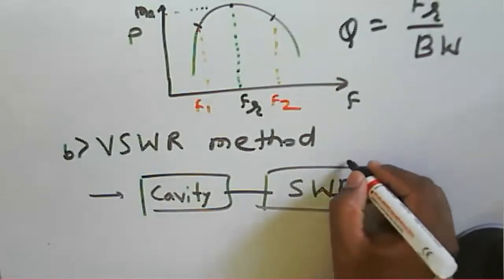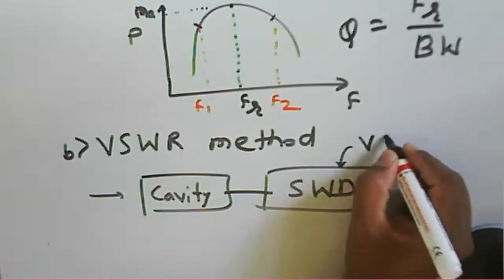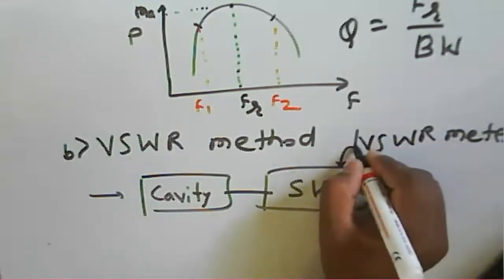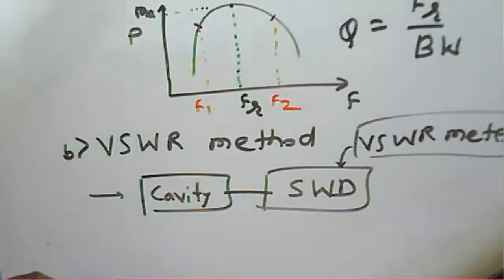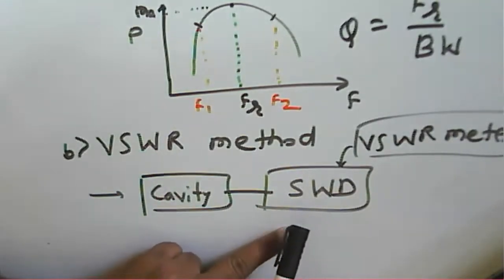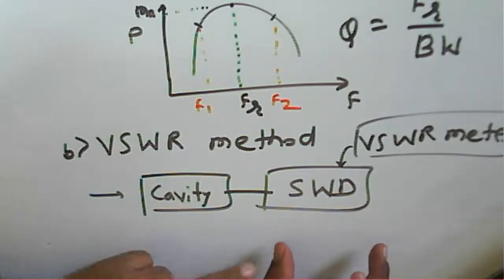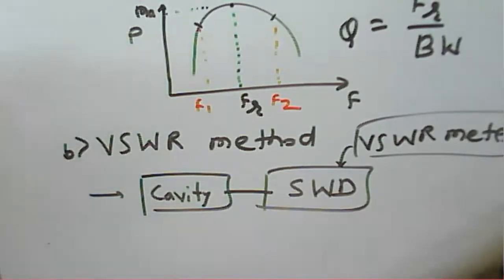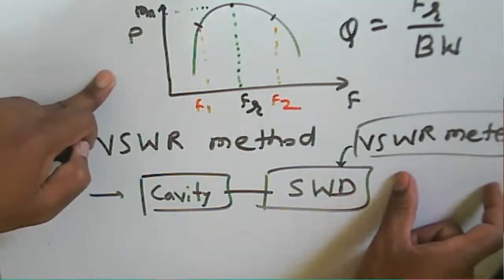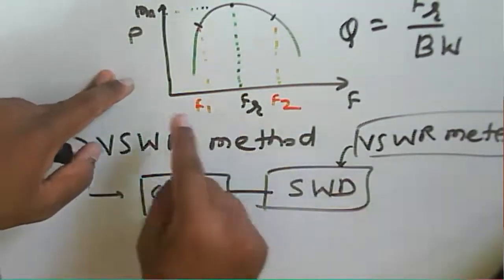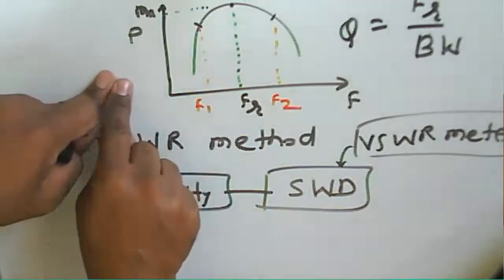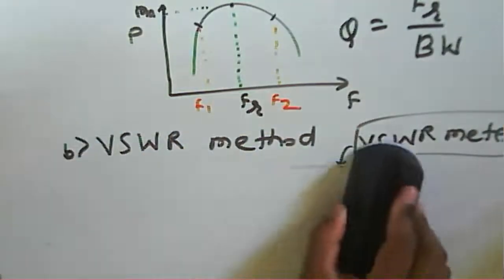Then this standing wave detector is given to the VSWR meter, and we need to measure the VSWR with respect to frequency. We need to draw a graph of VSWR and frequency. Instead of power, we consider the VSWR with respect to frequency.